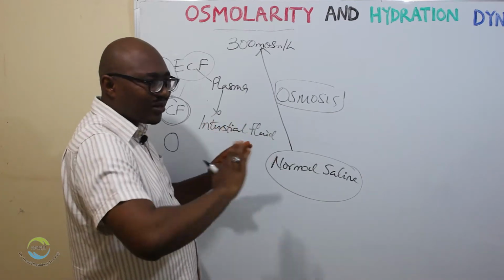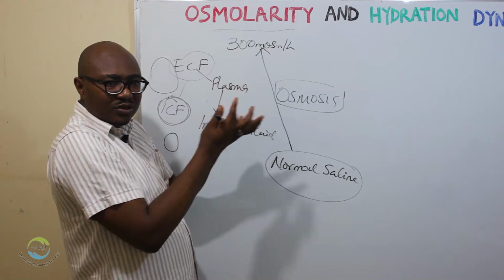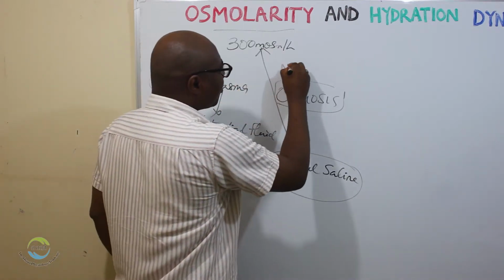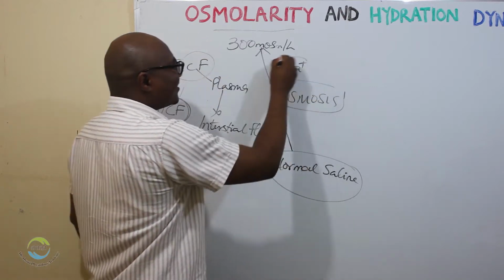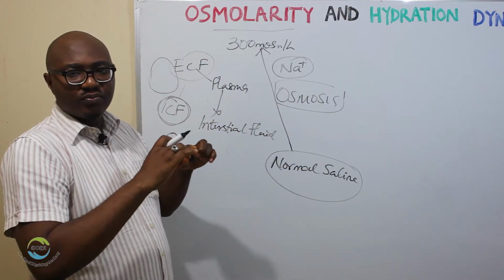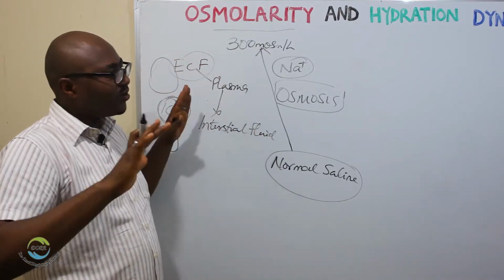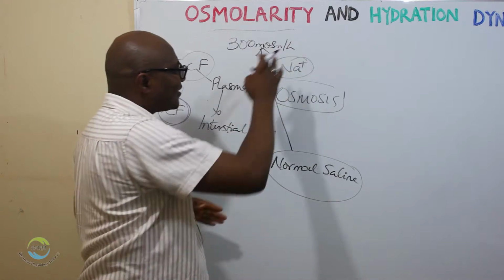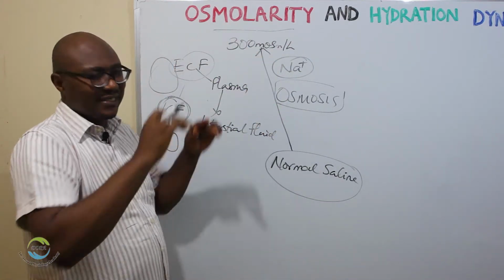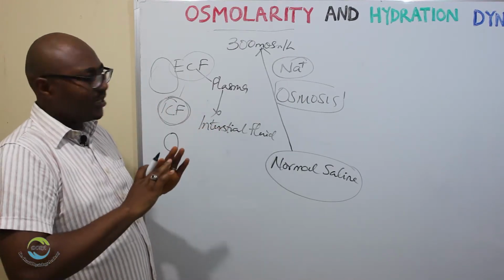Remember that when we are talking of the concentration of something, we're talking of the amount of solutes. And like we said, sodium ion is the most abundant solute in the extracellular fluid. So an increase in sodium is synonymous to an increase in osmolarity. A decrease in sodium concentration is synonymous to a decrease in osmolarity.